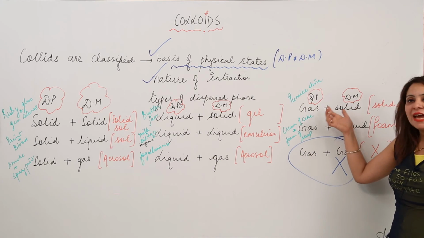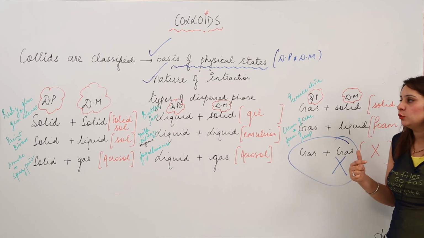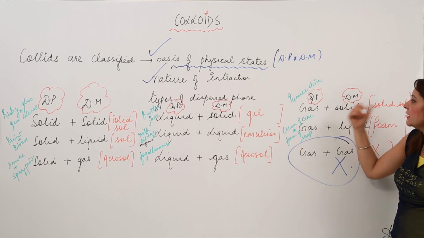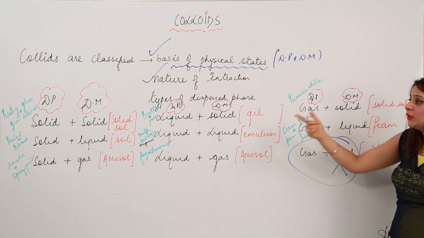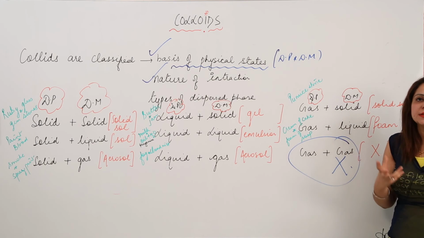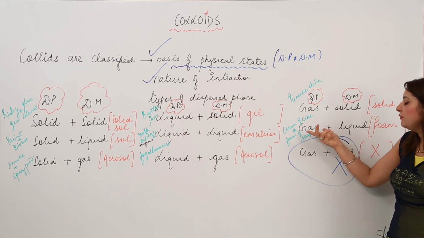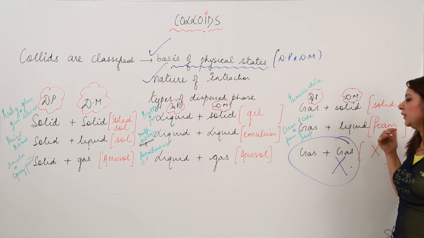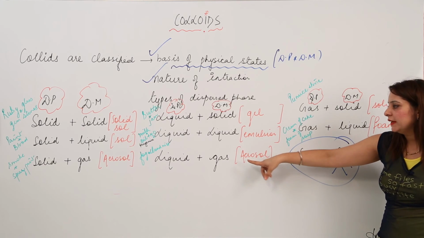Likewise, when gas is present in solid, again a solid sol. So there you saw solid in solid is solid sol, and here gas in solid is again a solid sol. So in both cases, solid is acting as the dispersion medium. And again we have gas and liquid: when gas particles are dispersed in liquid, it is foam, and when liquid is dispersed in gas, it is aerosol.